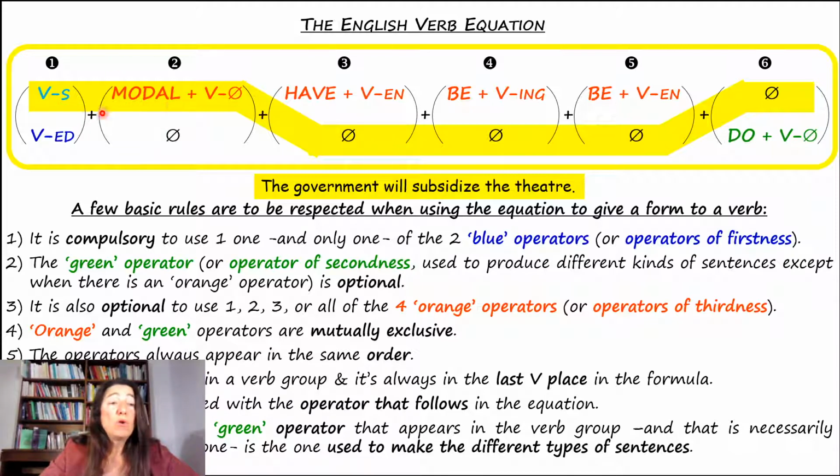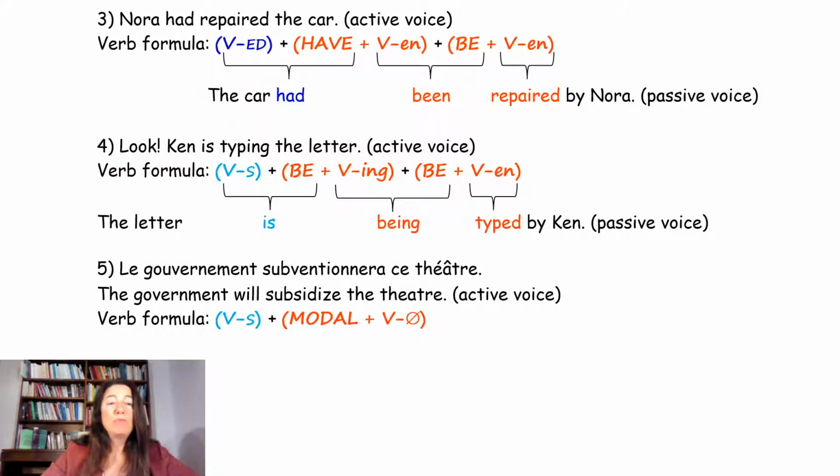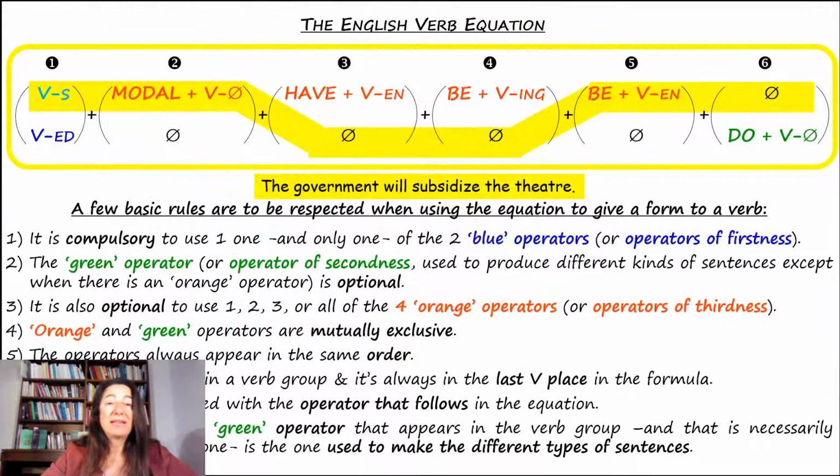So this is the modal will in the present tense, no perfect, simple form here, and active voice. And since there's an orange operator, it's not possible to have the green operator. So the formula here is VS plus modal plus V0, and we want to turn this active sentence into a passive one.